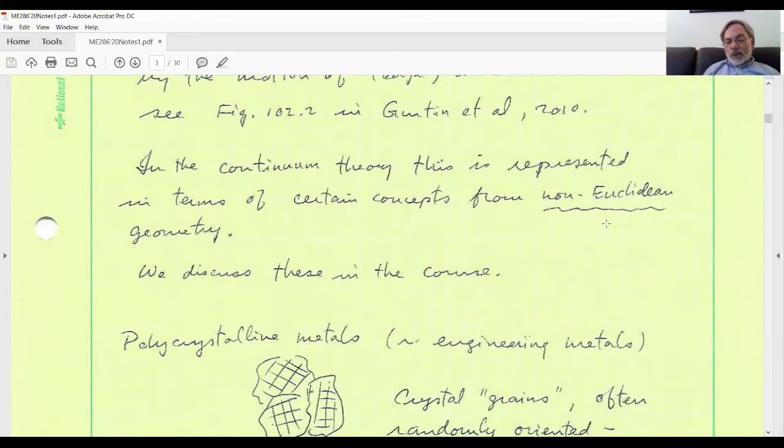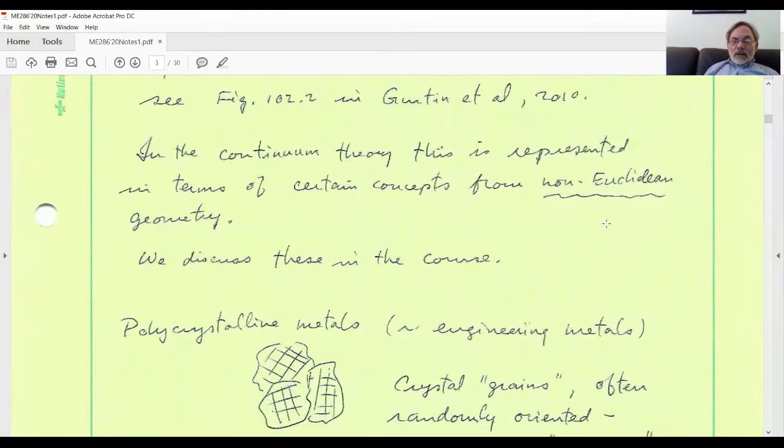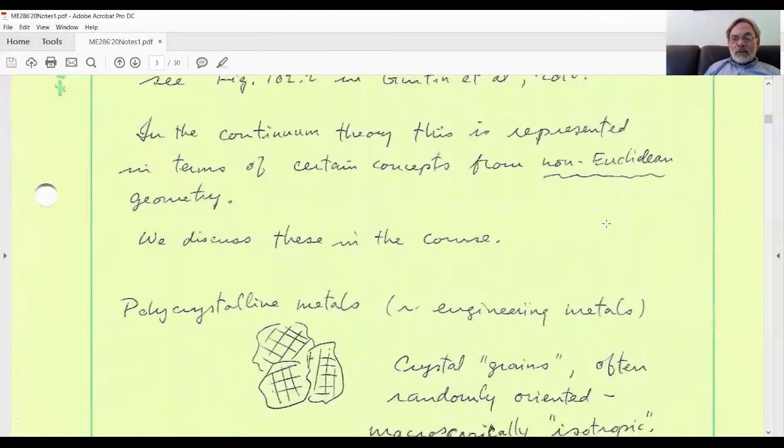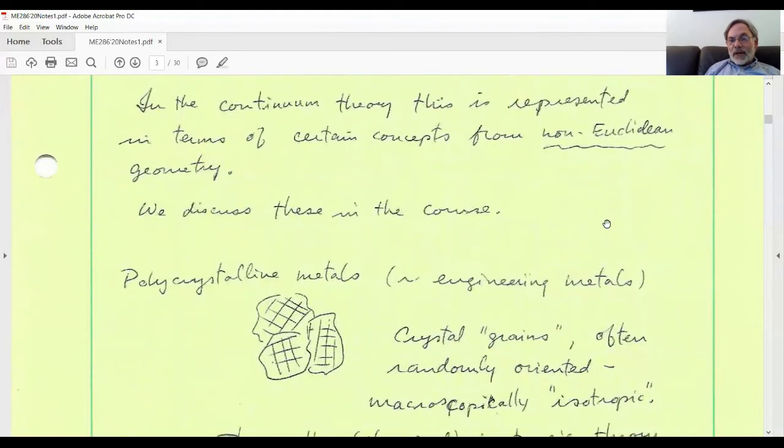So for our purposes, we can define a Euclidean space to be a manifold that can be covered by a single Cartesian coordinate system. In the non-Euclidean space, we have no position vectors in general. And in fact, this is the mathematically appropriate way of describing a continuous field of dislocations, and we'll discuss that quite fascinating subject in this course.